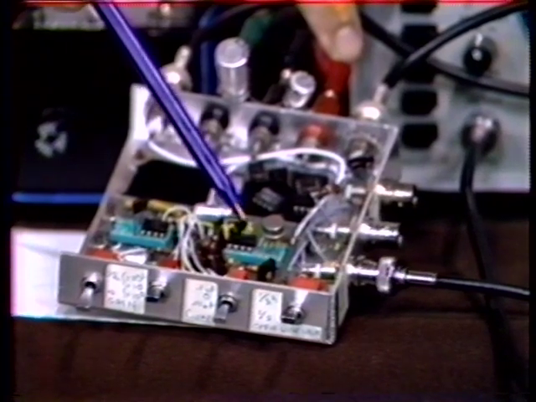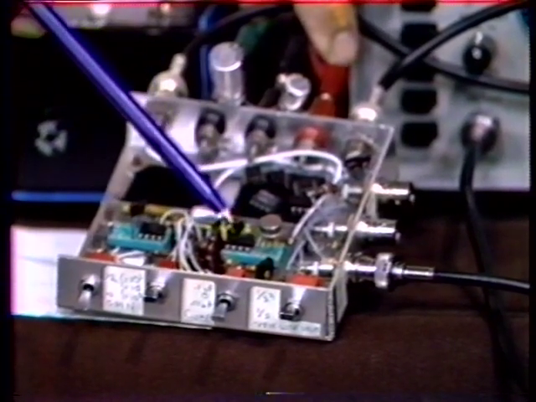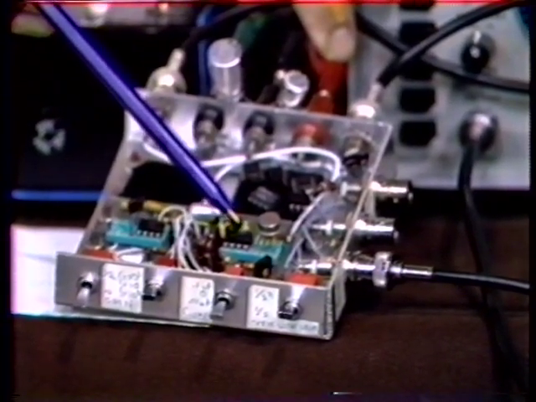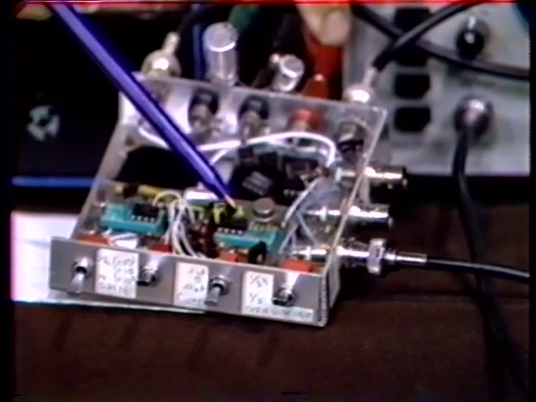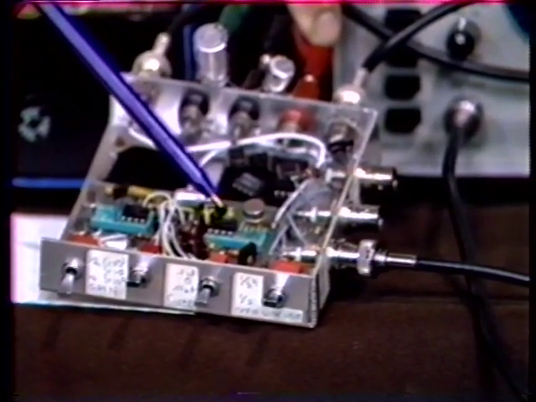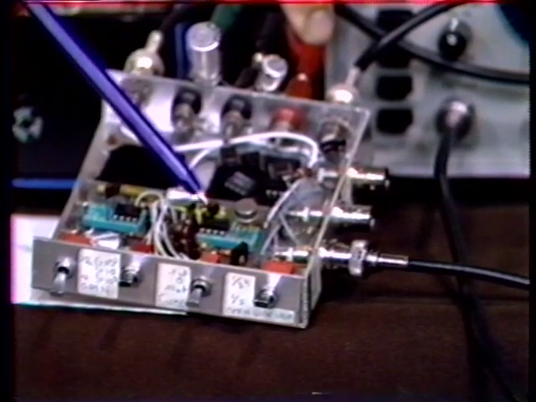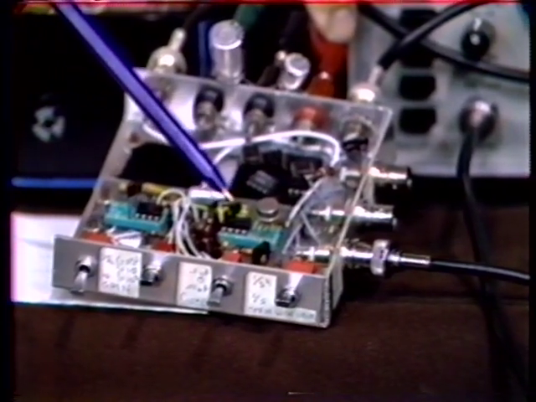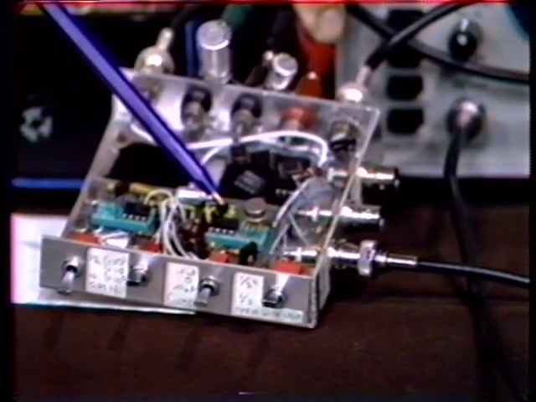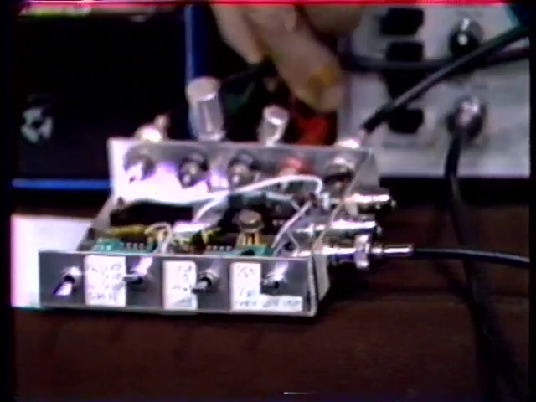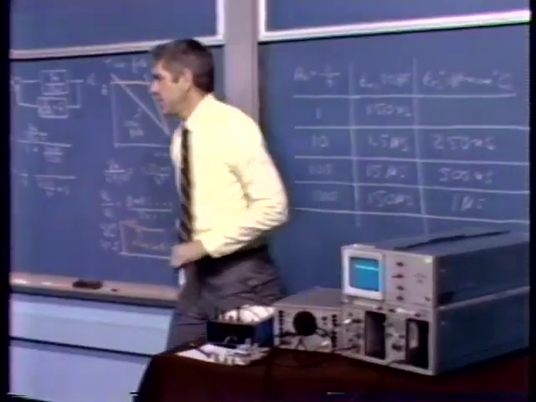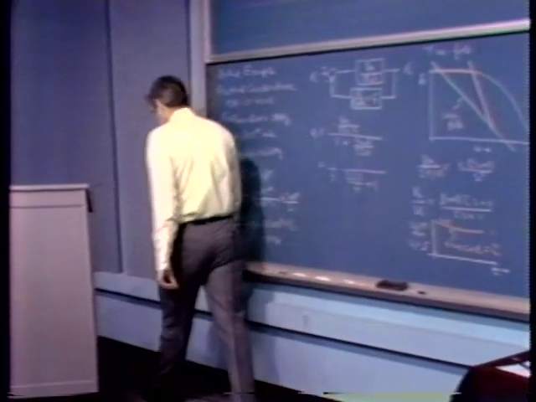We use a somewhat different configuration here. Actually, we use the amplifier connected as a unity gain inverter. The reason for that is that we're able to very easily look at the error signal. We connect the amplifier as a unity gain inverter, and let me, if I can, look at a view graph that shows that topology.